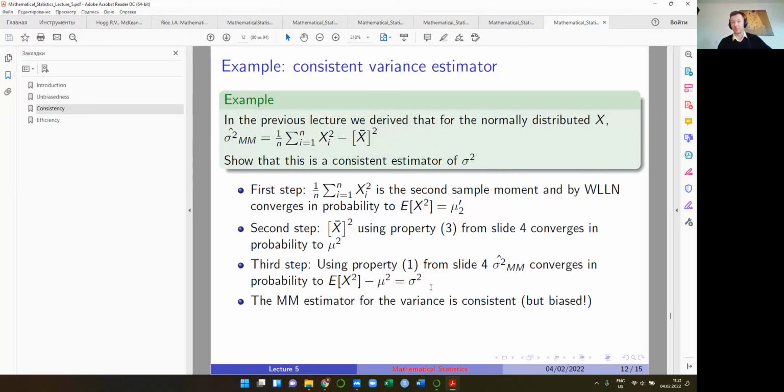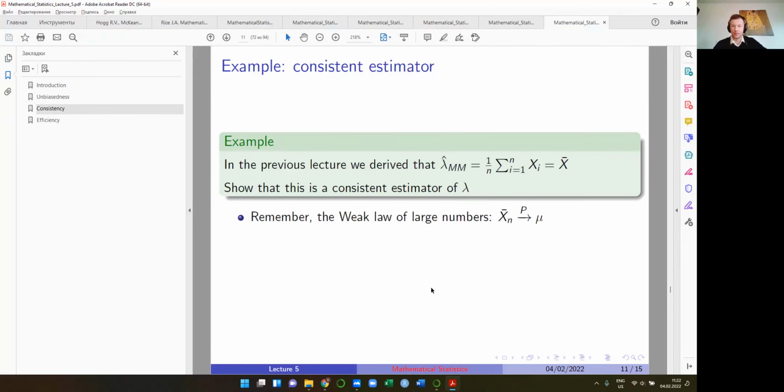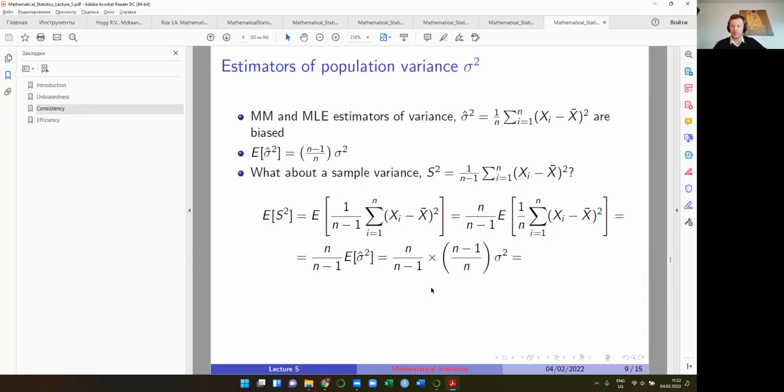So what does this mean about biased? Well, when the sample size is not large, it's highly likely that you will miss your target. When the sample size increases, the probability that you will miss your target decreases. Because if n is large, we will go back here and compare these two formulas.